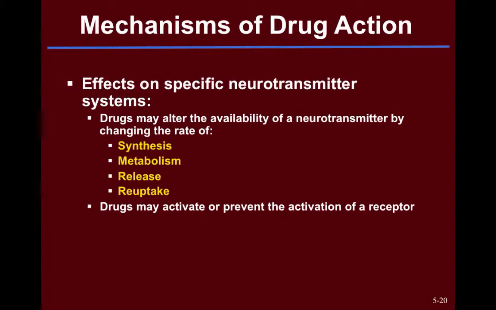They can change the rate of synthesis, how easy or hard it is to create the neurotransmitter, the metabolism, the release, the reuptake, and how the drugs can also be an agonist or an antagonist. They can stimulate the receptor, or they can prevent it from activating its receptors. So different ways that those drugs can affect the bodily system is based on the way it interacts with those neurotransmitters.